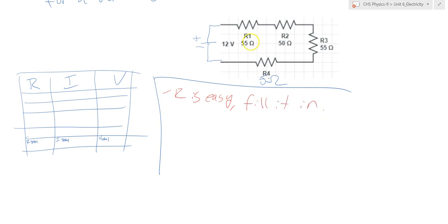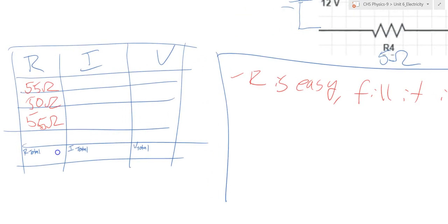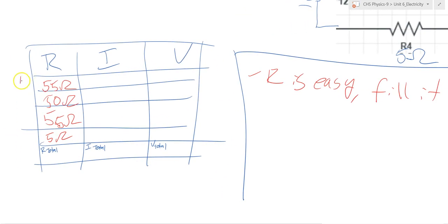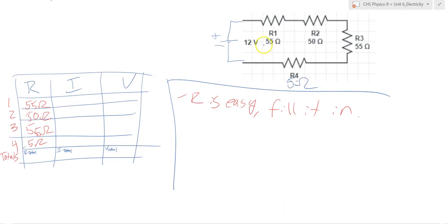So we've got 55 ohms, 50 ohms, another one that's 55 ohms, and then our last one is 5 ohms. We'll call this 1, 2, 3, 4, and then this will be our totals. All I did is take these numbers here and put them in the table.